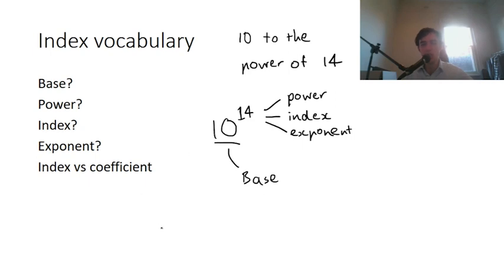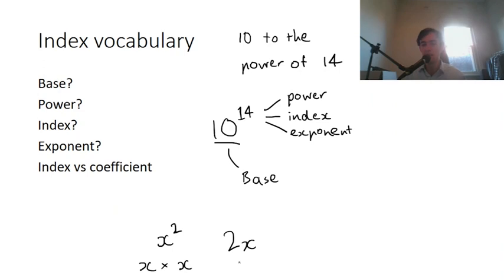All right. Finally, index versus coefficient. I can have pronumerals raised to a power, which means x to the power of 2. You'll see that a lot. It won't just be one number to the power of another. It could be a pronumeral like x. But some people get these two confused. Keep in mind, one of them is x to the power of 2, which is x times x.